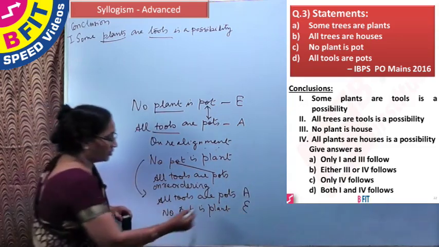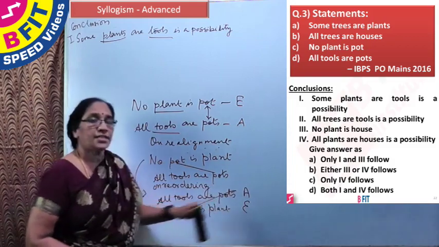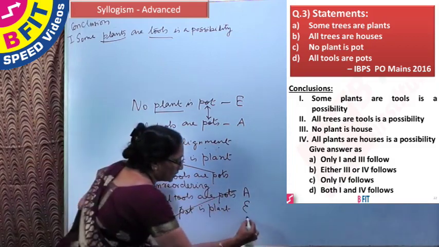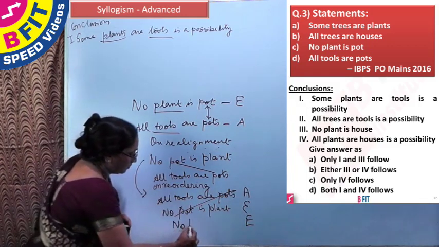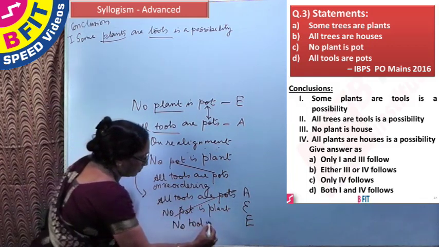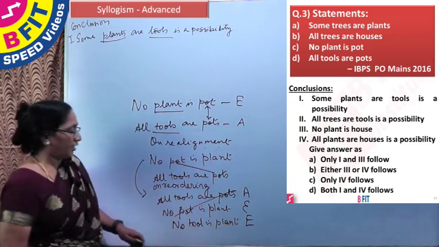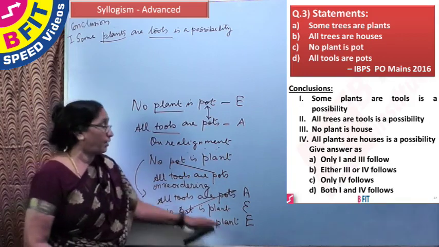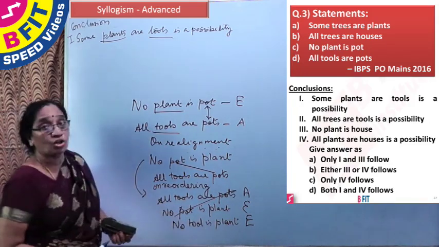Now the common terms are aligned, and on combining an A and E statement you get E as a conclusion, that is, we have a definite conclusion: no tool is plant. And let us check that with some plants or tools.